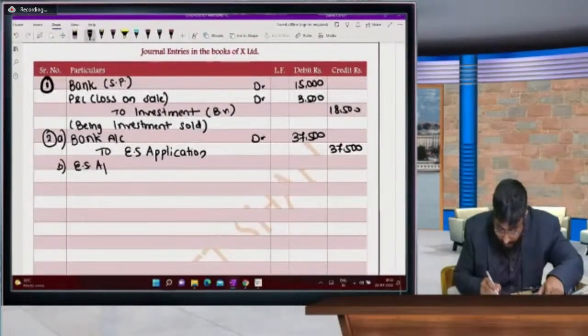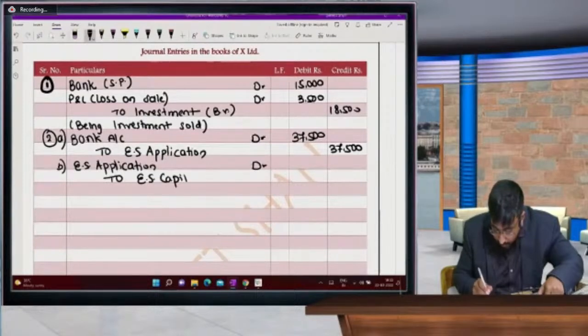And equity share application account debit to equity share capital.